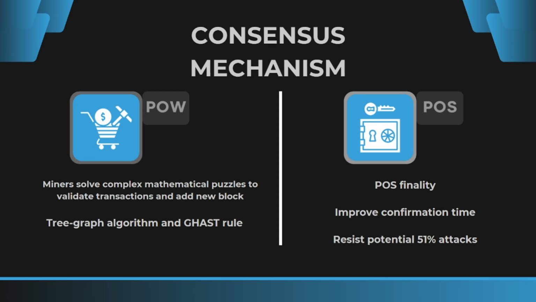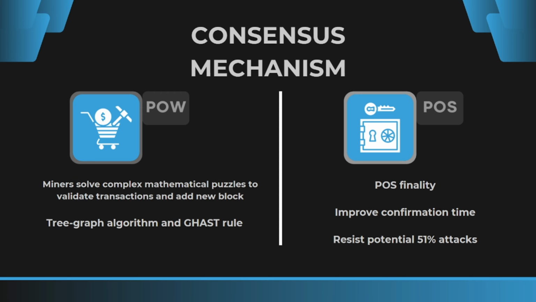And after some time of Conflux existing as proof of work only, the proof of stake layer was added on top of proof of work, which has a proof of stake finality. This is basically an additional security measure. It's not the core consensus part, but an additional security measure, planned to resist potential 51% attacks.